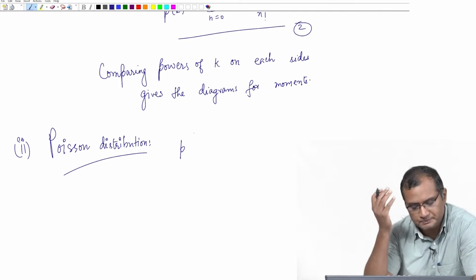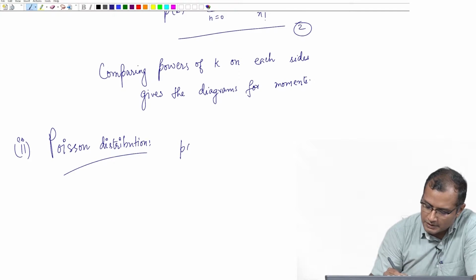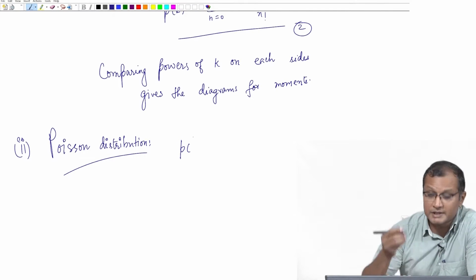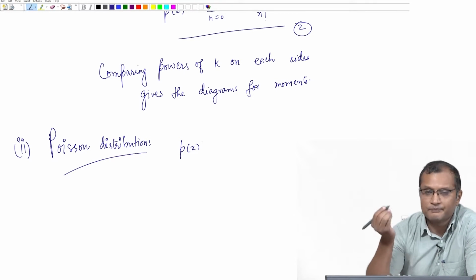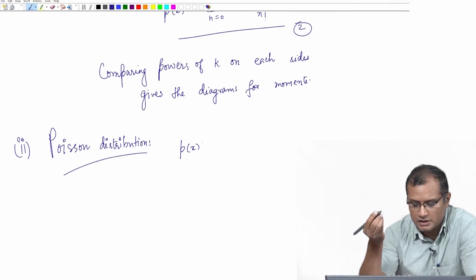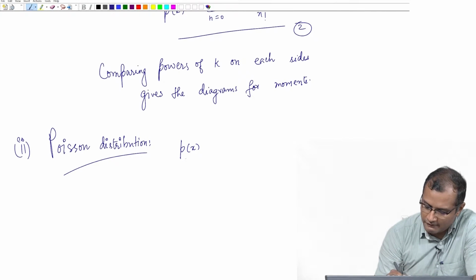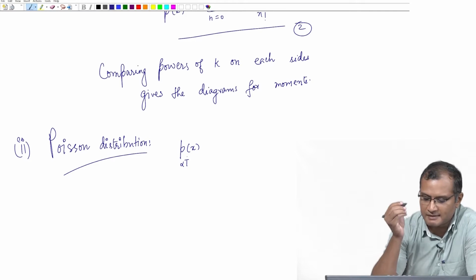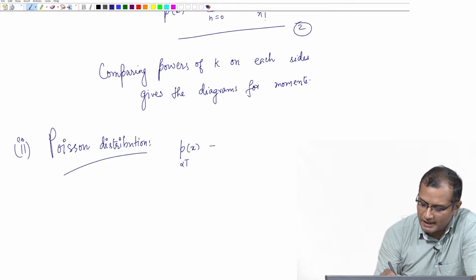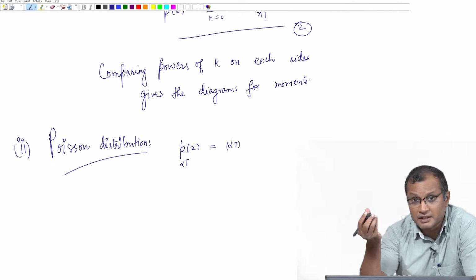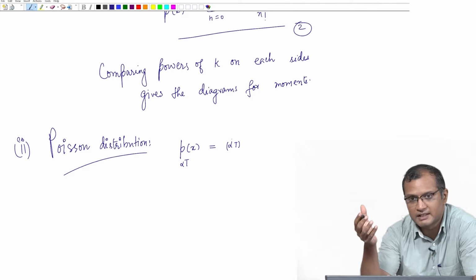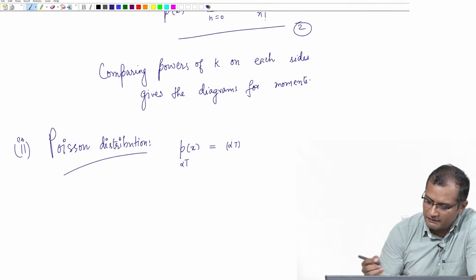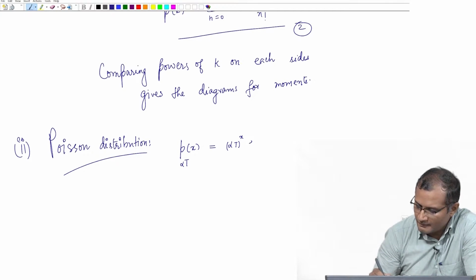If you want the probability to see x events, where x is a discrete number, in a waiting time of t, provided the process has a mean rate alpha, it is given as (alpha t) to the power of x, e raised to minus alpha t, over x factorial.